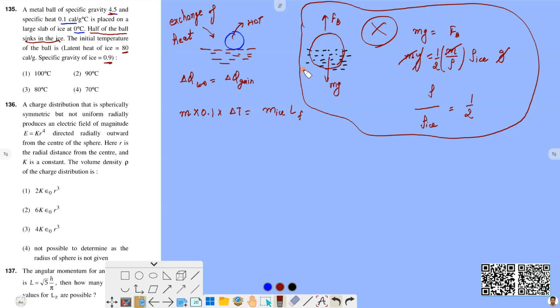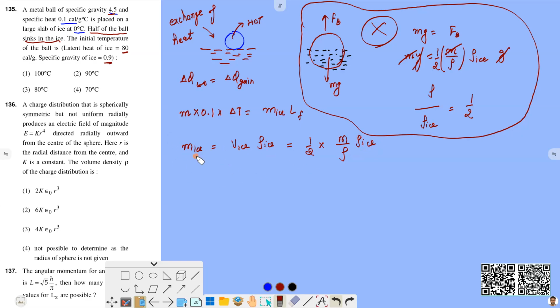So what we can do is go back to the half part, that half of the ball sinks inside the ice. So we can say that mass of the ice will be equal to volume of ice into density of ice. Now volume of ice is equal to half of the volume of the ball, because only half of the ball went inside, so that can be written as half into mass of ball by density of ball into density of ice.